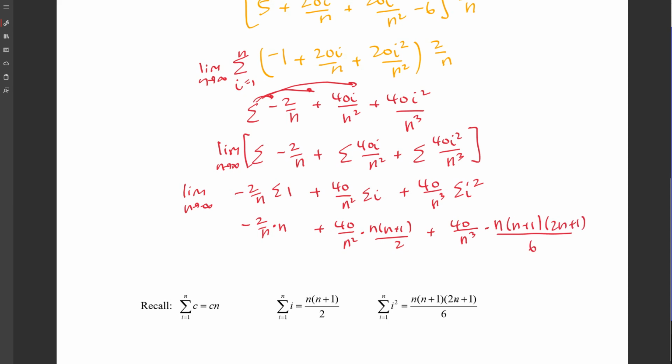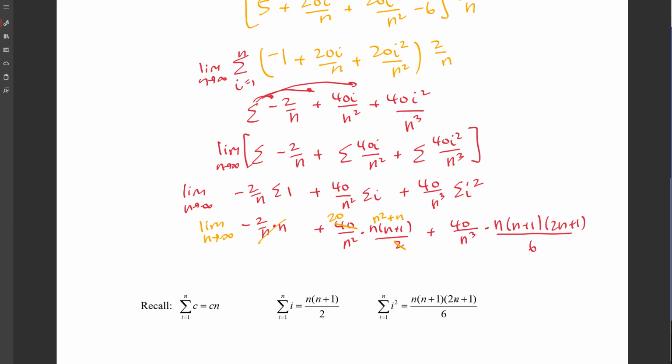Okay, n over n cancels out here. Remember, this is still a limit problem. This turns out to be 20 right here, 40 divided by 2. This here would be n squared plus n.